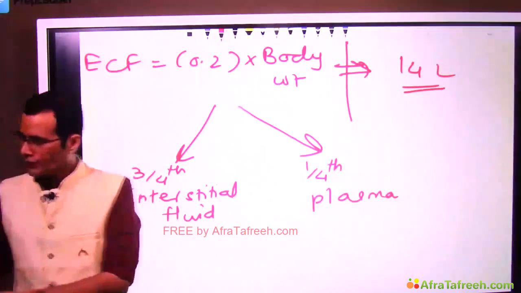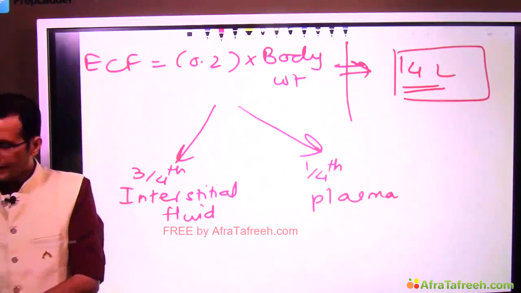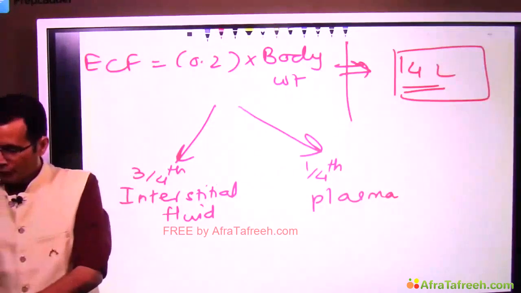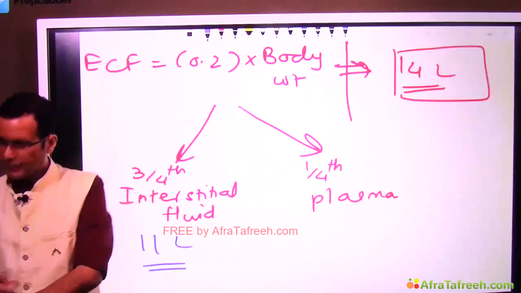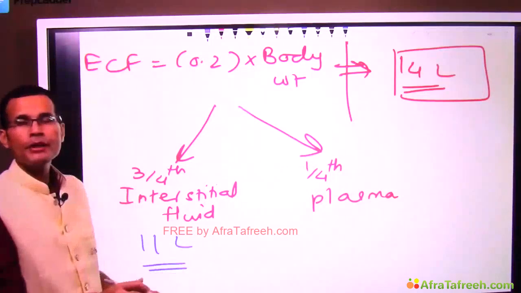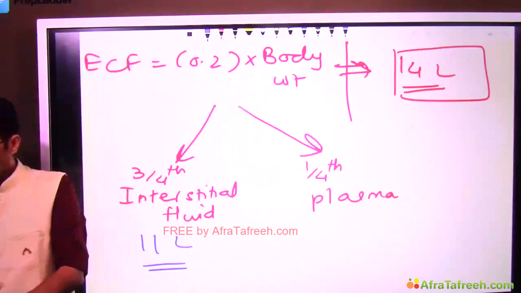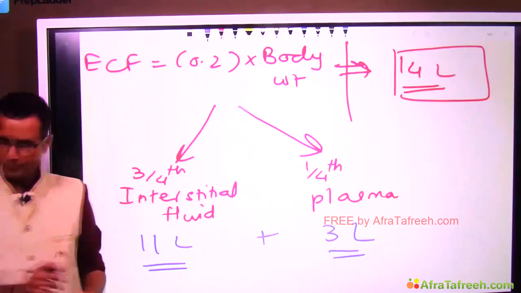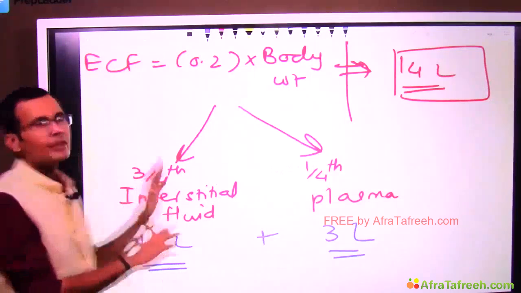That means out of this 14 liters of the ECF, 3/4, I would say roughly 11 liters would be interstitial fluid and 3 liters would be plasma volume. So that's ECF volume.